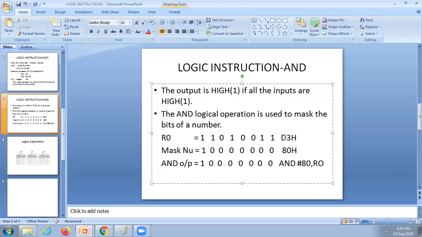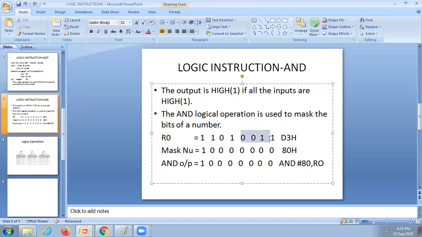A hexadecimal digit is nothing but a 4-bit binary. D means these 4 bits, then this 3 means these 4 bits. Each hexadecimal digit is a 4-bit binary. So D3H is written in binary like this. D means this, that is a 4-bit binary. Then 3.